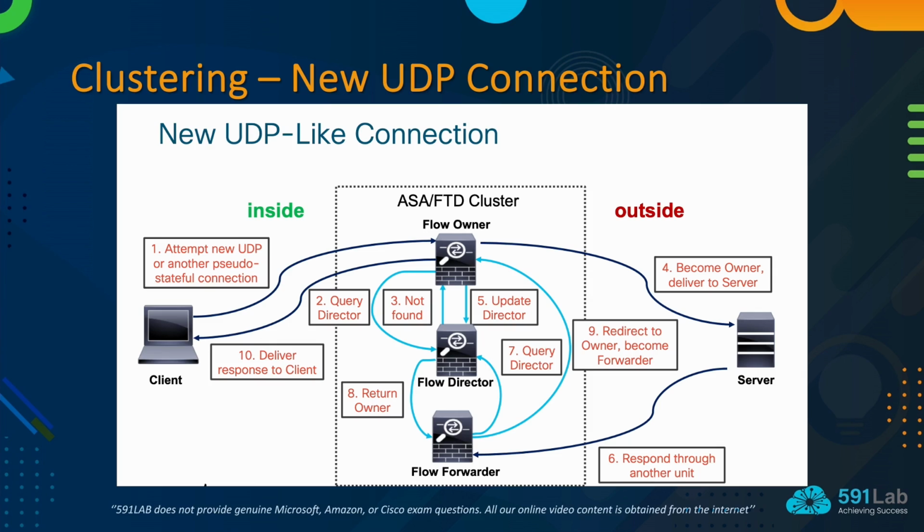This adds an extra layer of control but can potentially introduce latency. The server's response packets are then routed back to the client through the designated flow forwarder within the FTD cluster.